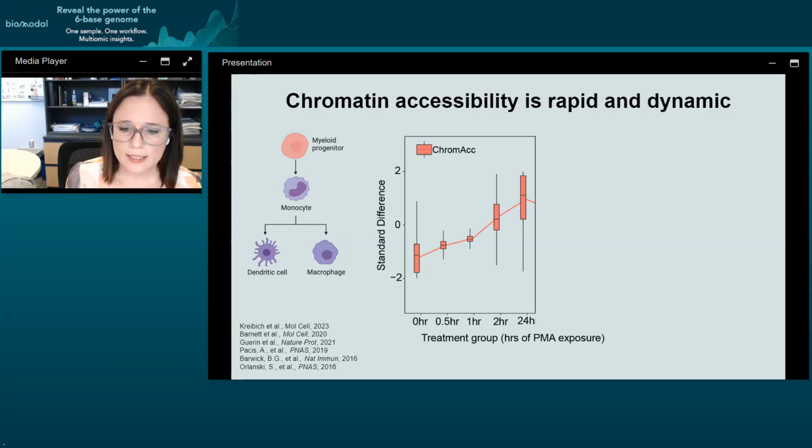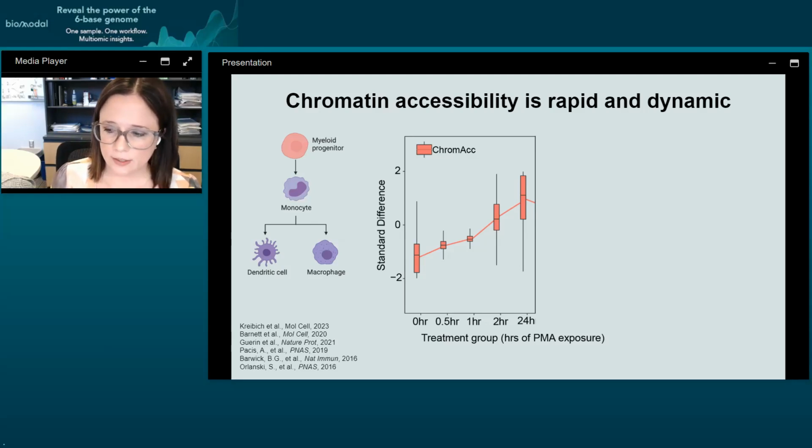So we applied ATAC-Me over a time course of monocyte to macrophage differentiation of 24 hours. We collected 5 different time points and really densely sampled these time points early on in this cellular differentiation cascade.